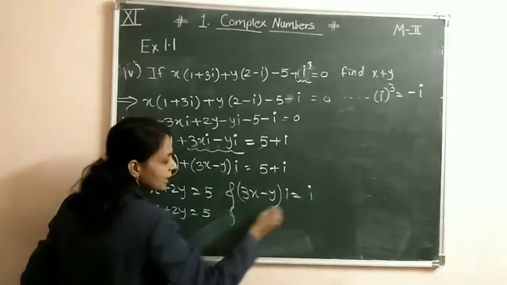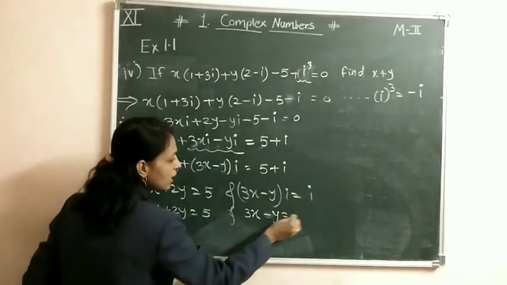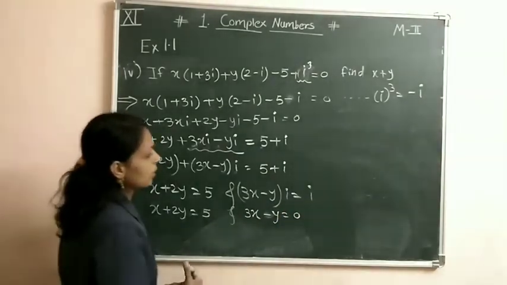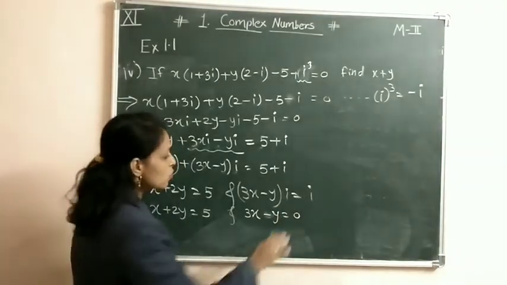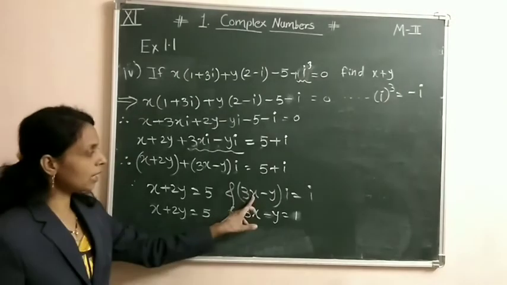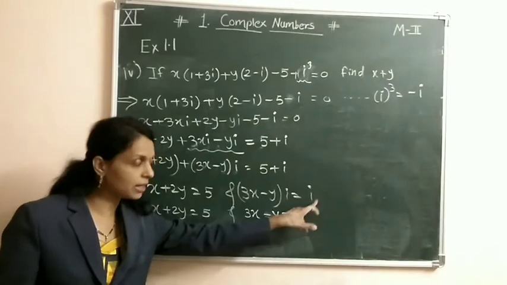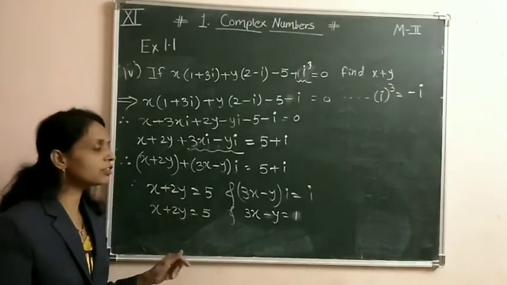This i and i get cancelled. So what's remaining here? If you shift this i to that side, so 1 is remaining there.